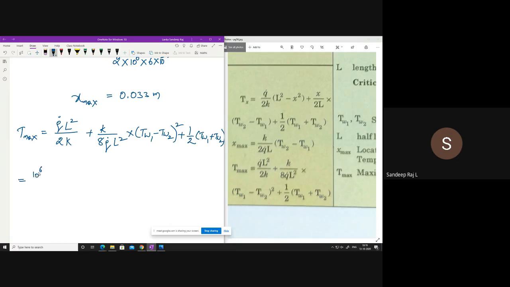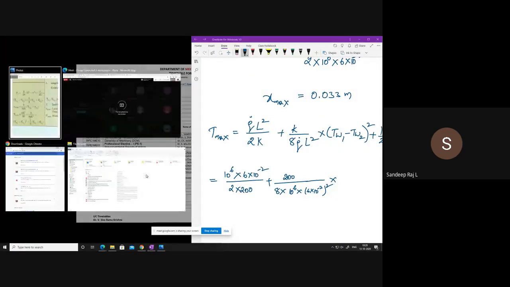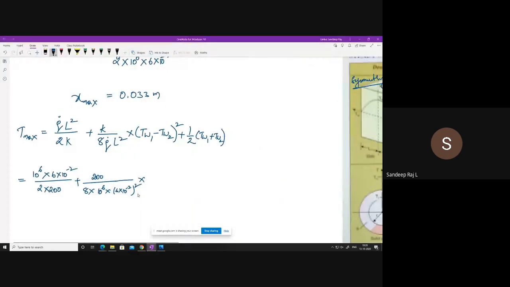Now you substitute all the values here. The Q dot is 10 to the power of 6, and the L is 6 centimeters, 6 into 10 to the power of minus 2. The K value is 200 plus the K value is again 200 by 8 into the Q dot is 10 to the power of 6 into the L square is 6 into 10 to the power of minus 2 whole square into TW1 minus TW2.